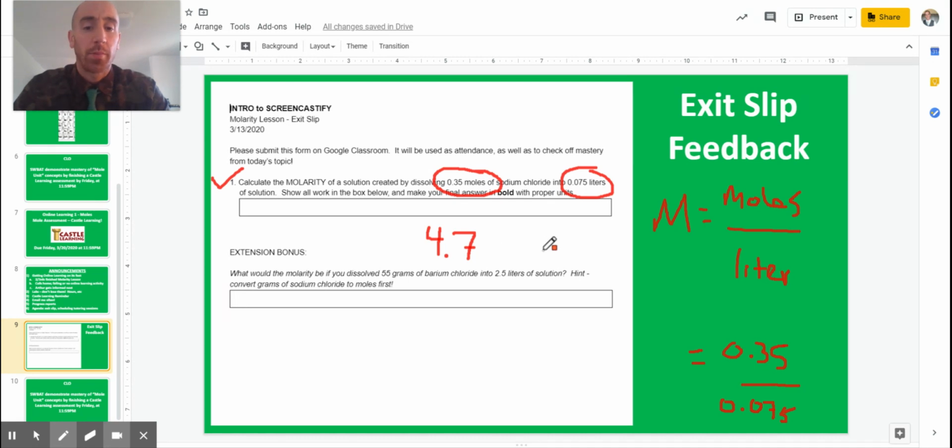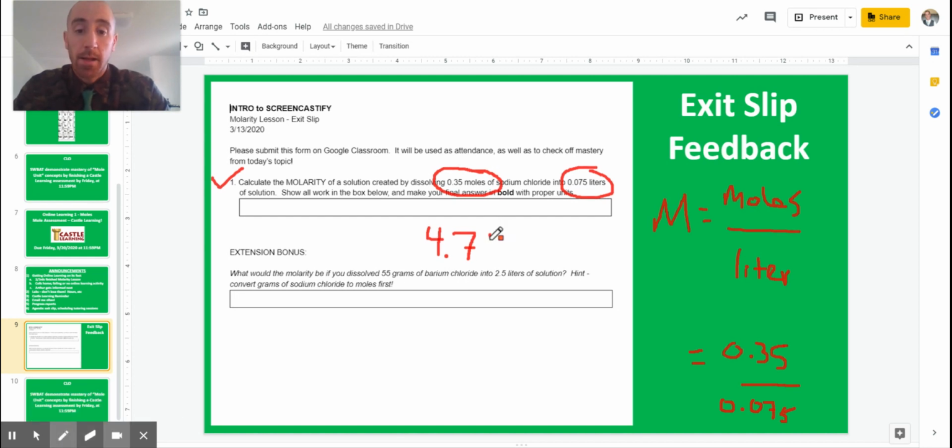And then the biggest problem was probably the units. 4.7 little m would be meters. So that is not what you put down for molarity. If you were just doing moles, you could write MOL, but molarity is a compound unit. It includes two things. So you have two choices.